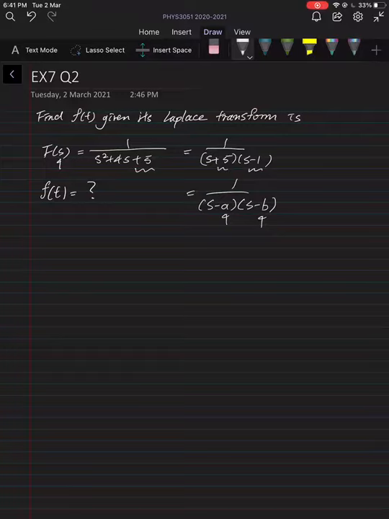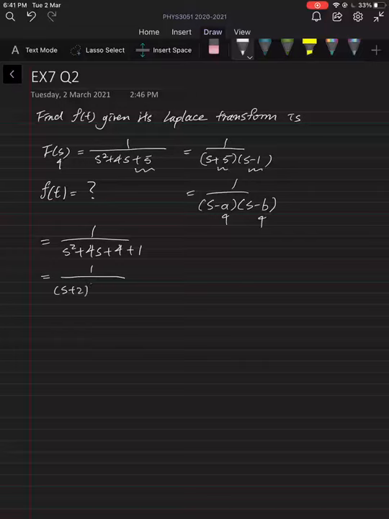So what we can do here is write it as s squared plus 4s plus 4 plus 1, and complete the square to get (s plus 2) squared plus 1.